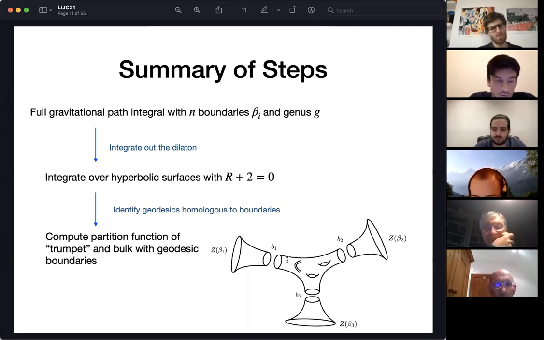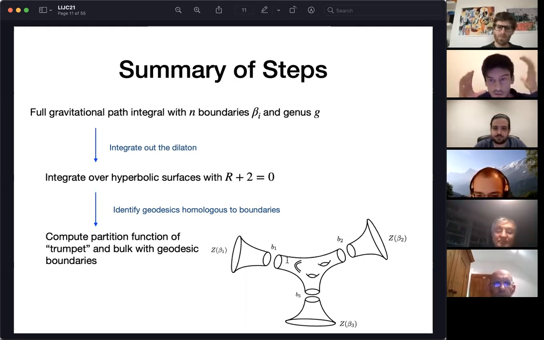Another question, about the definition of the measure of your functional integral. In principle, you have a lot of restrictions on metrics. You have boundary conditions, it should be R equal -2, and a certain topology. And you tell us that actually this space is very narrow. It is parameterized by a set of these b's, and the Weil-Petersson volume on the moduli space of Riemann surfaces, yes?